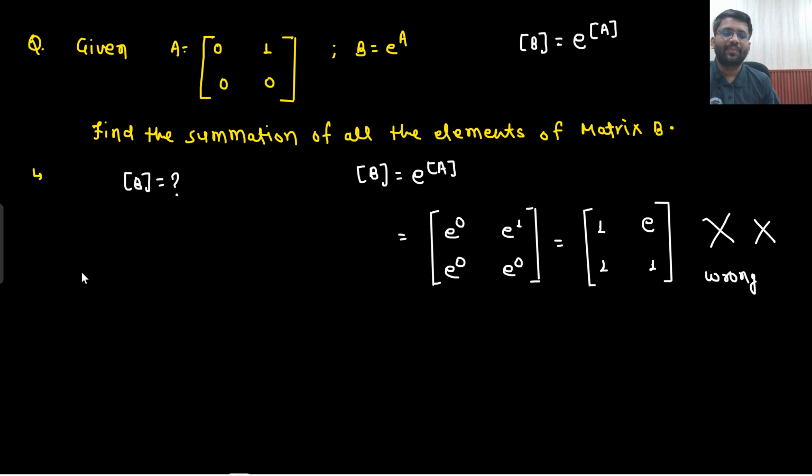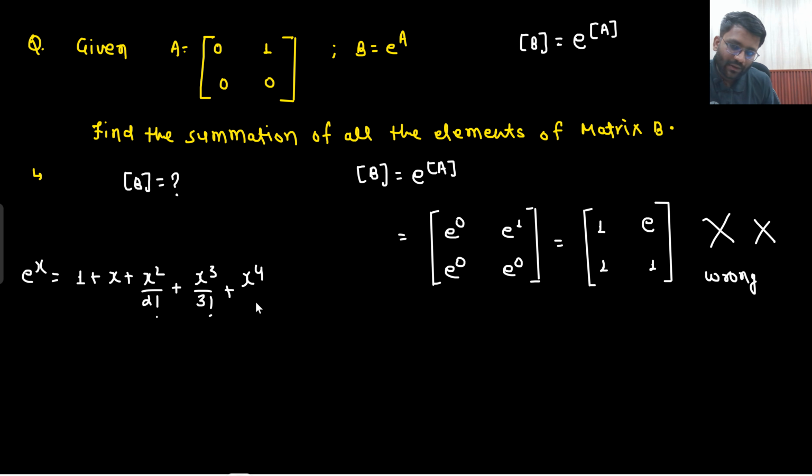Do you remember this expansion e to the power x? It was 1 plus x, x square by 2 factorial, x cube by 3 factorial, x to the power 4 by 4 factorial, and so on. Similarly, e to the power matrix A is written. So let's keep 1 as it is.